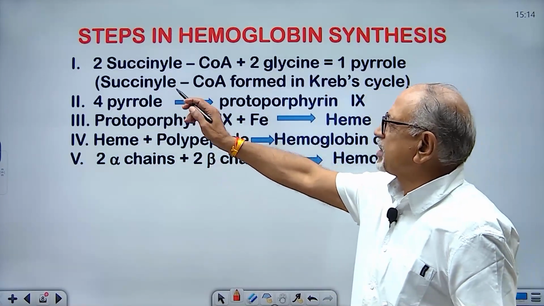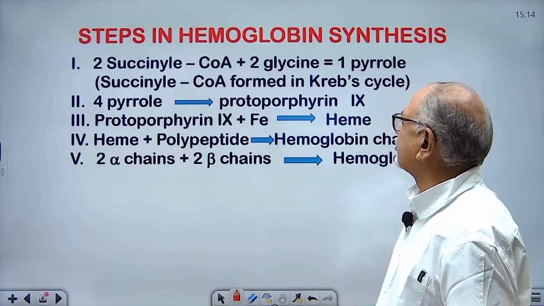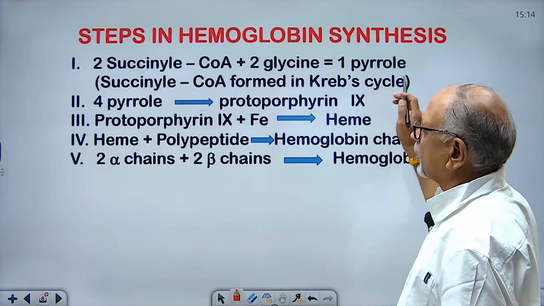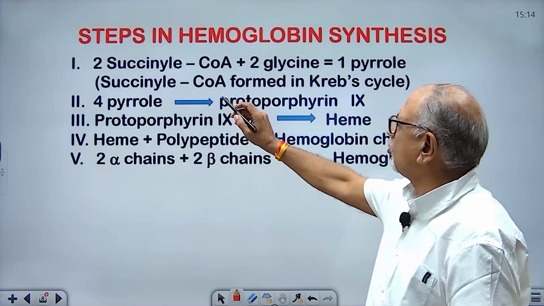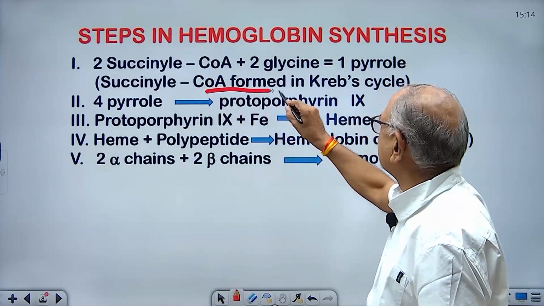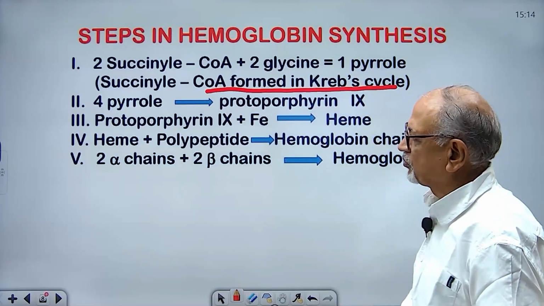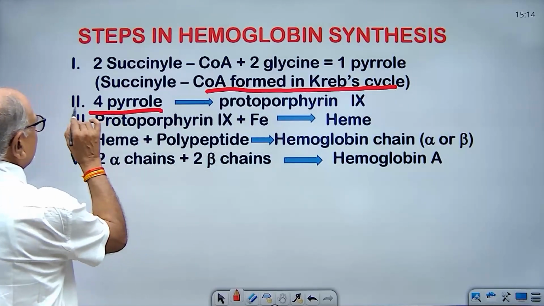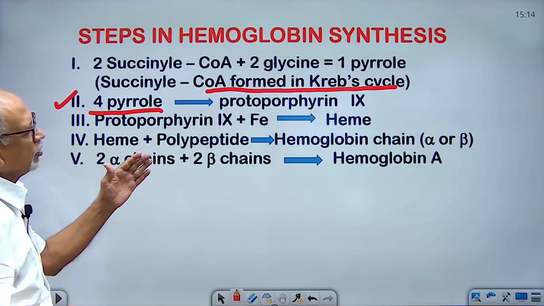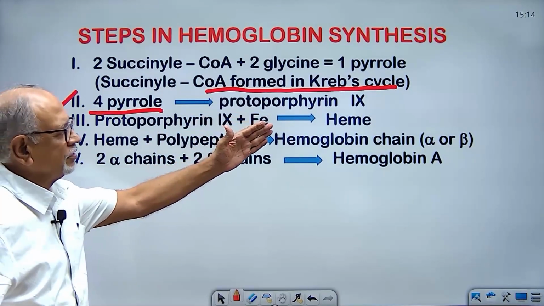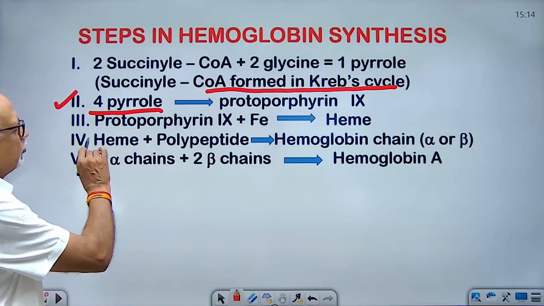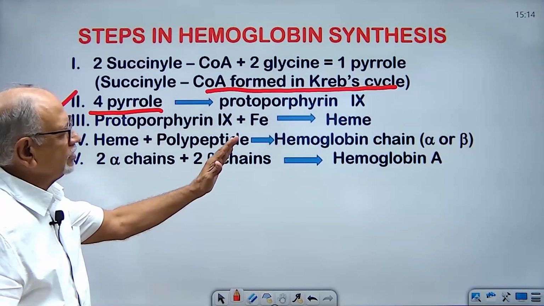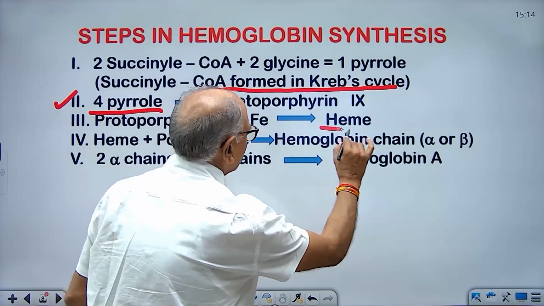In the first step, 2 succinyl coenzyme A combines with 2 glycine forming a pyrrole. Succinyl coenzyme A is formed in the Krebs cycle. Now, these 4 pyrroles, in the second step, form protoporphyrin 9, and protoporphyrin 9 combines with a molecule of iron forming heme.